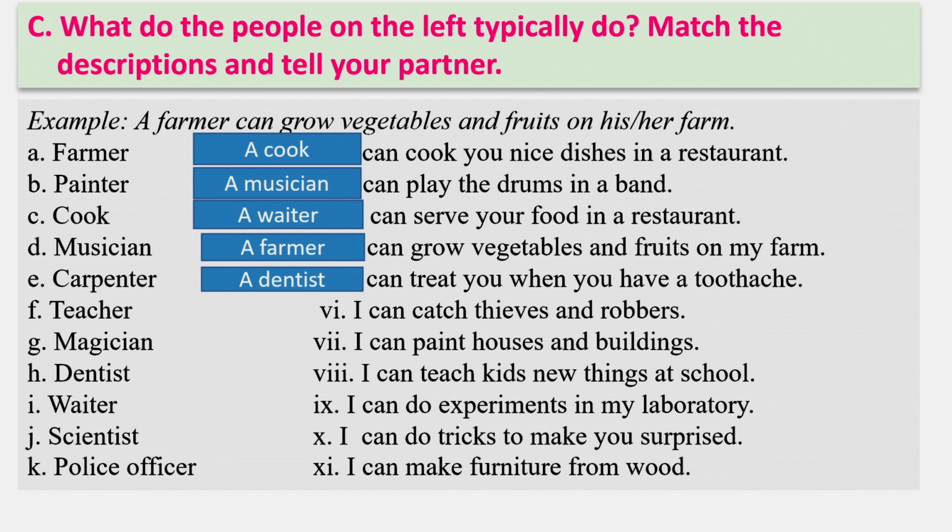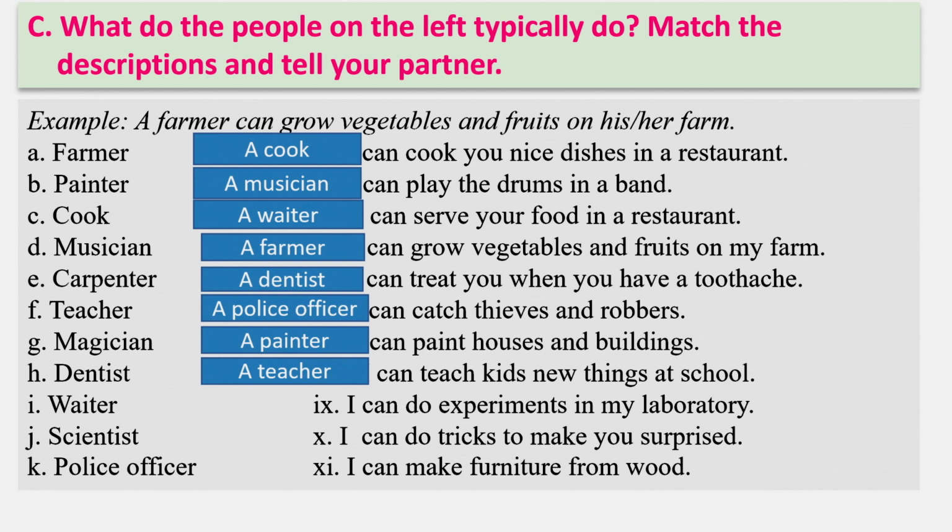Okay, students, likewise, we can say a police officer can catch thieves and robbers. A painter can paint houses and buildings. A teacher can teach kids new things at school. A scientist can do experiments in the laboratory.